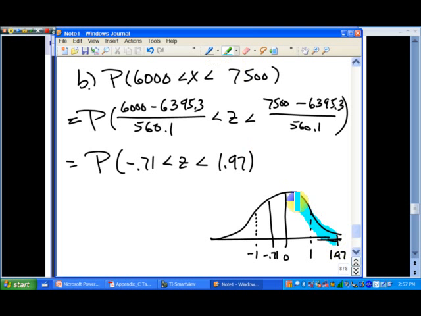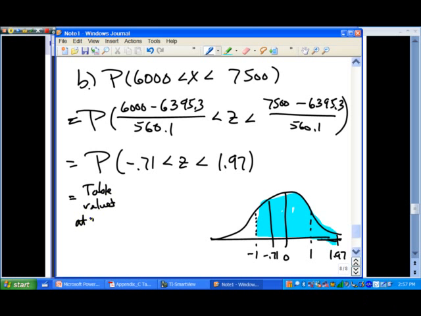So now what we're looking for is the value in between these two. Well, think of it this way. All we have to do to find the value is we have this number here from 0 back to 0.71, and then we can just look up the value up to 1.97 and then add the two together.